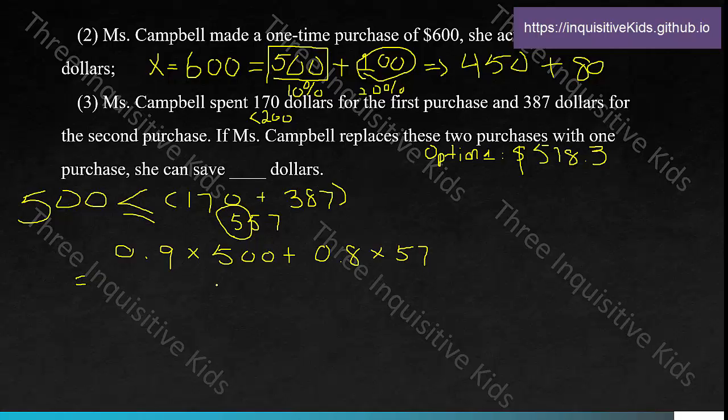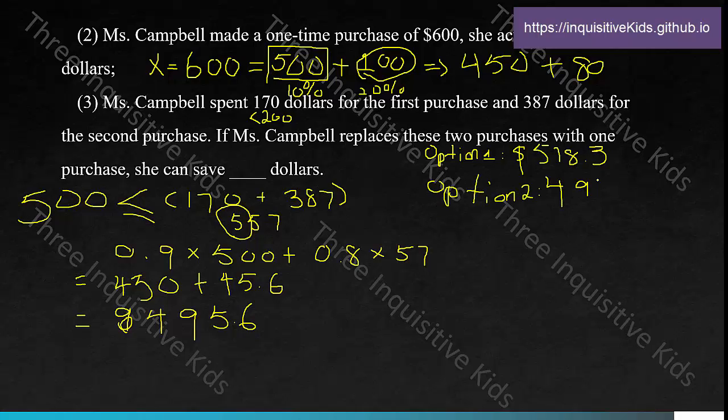And then we calculate, which would give us 450 plus $45.6. We add them. That's $495.6. So option 2, $495.6.